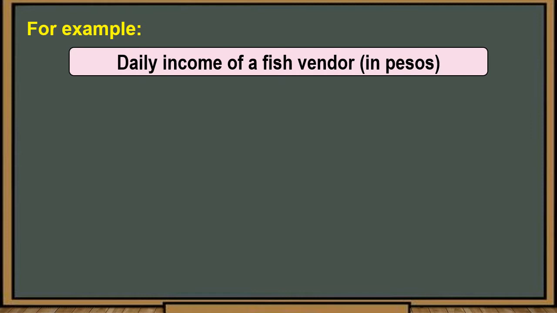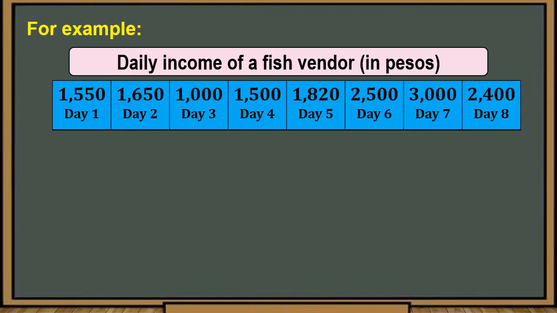Another example: the daily income of a fish vendor in pesos, from day 1 up to day 8. We have 1,550, 1,650, 1,000 in day 3, 1,500 in day 4, 1,820 in day 5, 2,500 in day 6, 3,000 in day 7, and 2,400 in day 8.